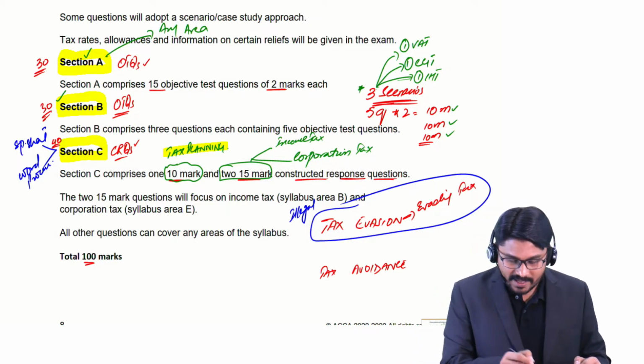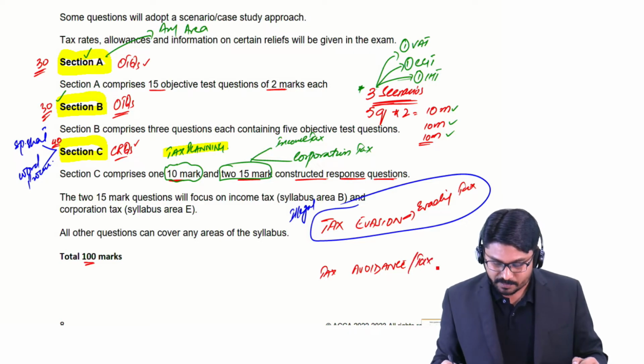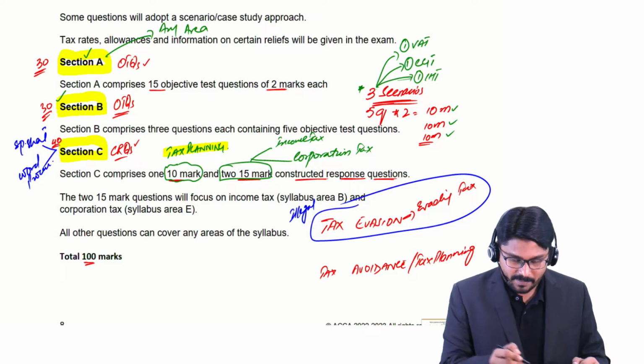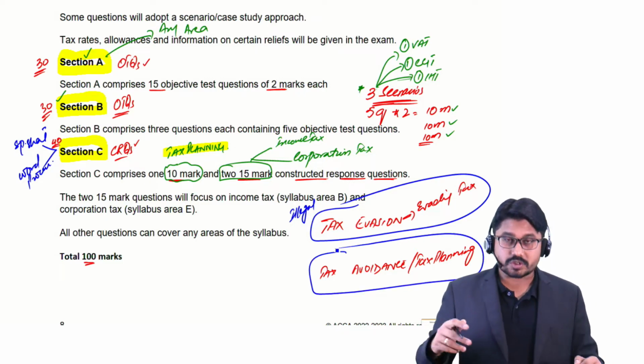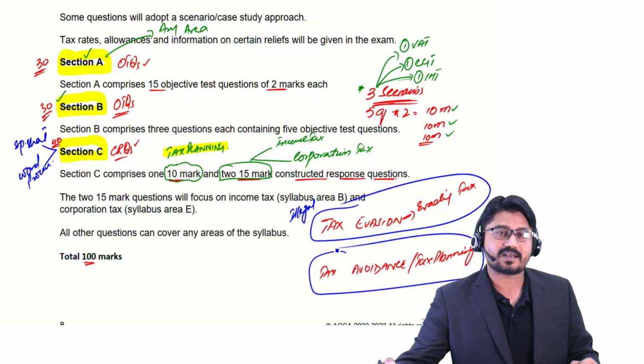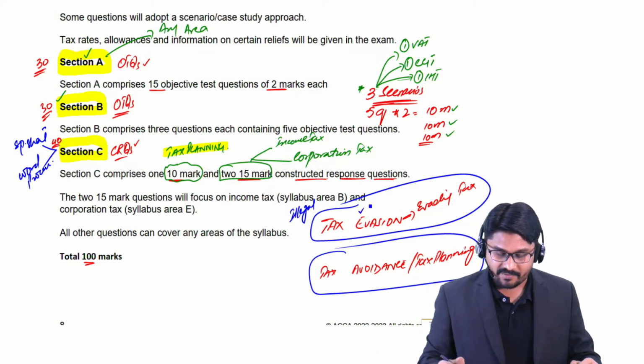And tax avoidance, also termed as tax planning, simply means you are also trying to reduce your tax liability, as you are by evading tax.